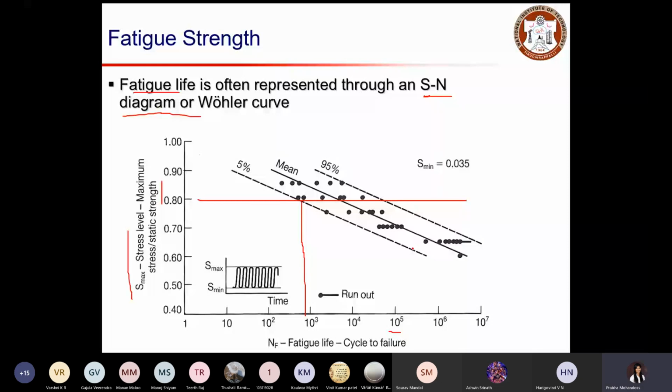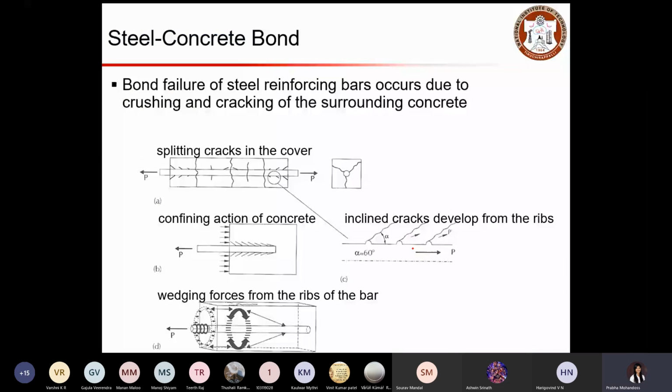Another important strength is the steel concrete bond. This is the main thing that governs the composite action when you have a steel and concrete system. When you embed steel in the concrete, you should have an idea how well the bonding would be between the steel and concrete.